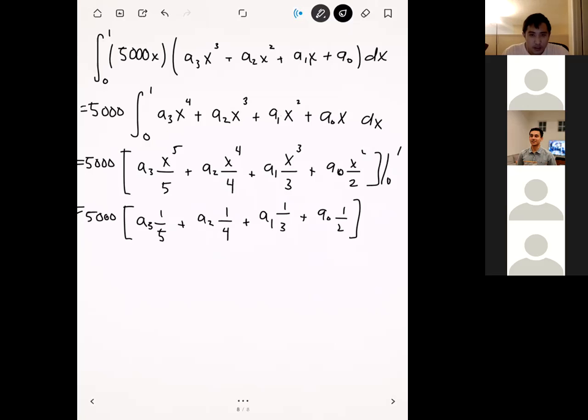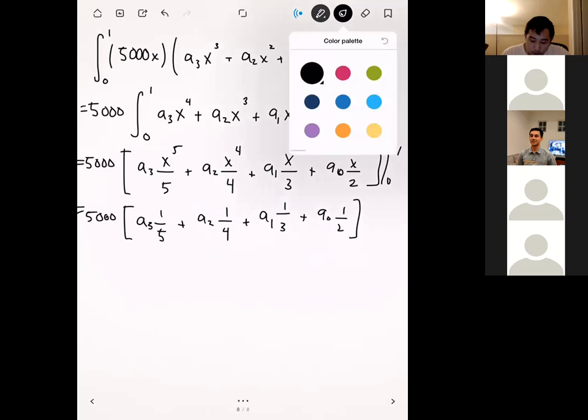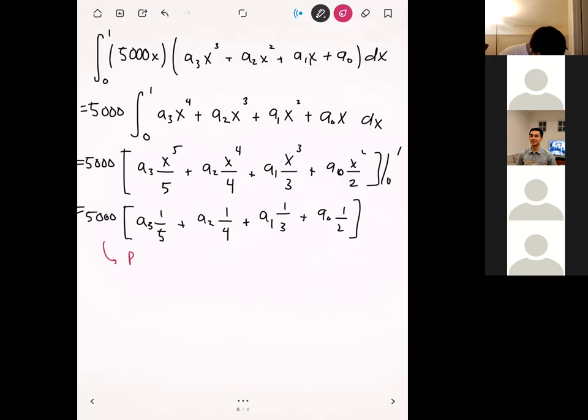Up to this point, this is just simple integration of a polynomial. Now that we have this expression, having performed the integral, let's plug back in for all of our a coefficients. This is where things will get fun, or not. Let's do a3 first.